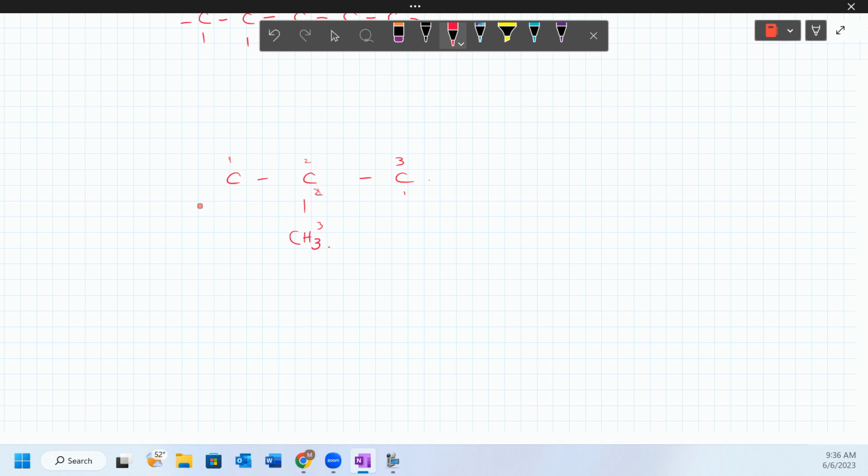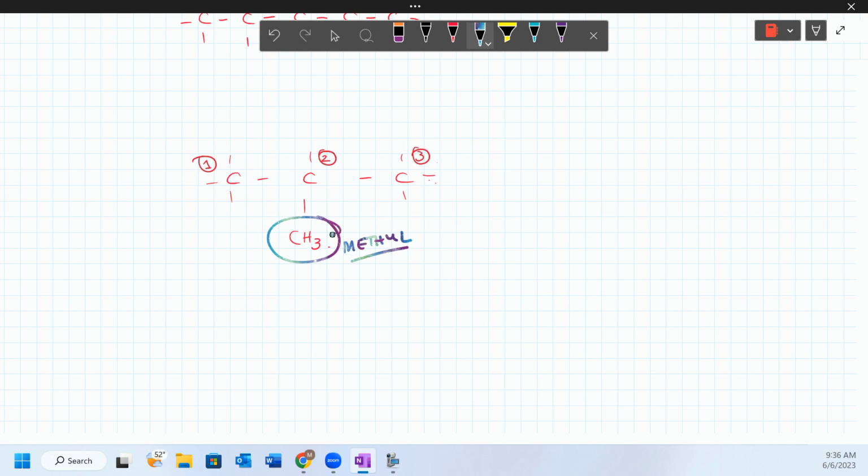And it doesn't really matter how you label it, 1, 2, 3 or the other way. Why? Because the branch that is here, since it has only 1 carbon, is meth, and that will be in the middle, any way you are going, left to right or right to left.